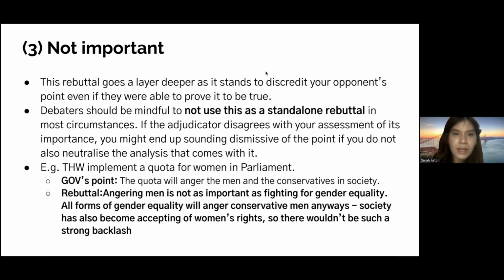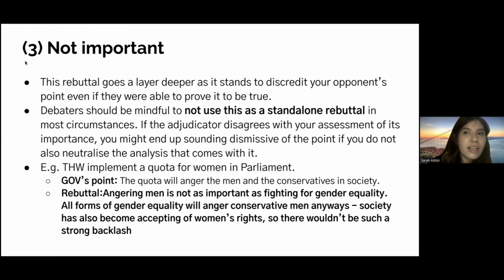Now, let's talk about the third way in terms of responding, which is to prove why it's just not important. So this rebuttal goes a layer deeper. The reason being is because it will be able to discredit your opponent's point, even if they were able to prove it to be true, okay? And I think this one is very, very popular, used by debaters, especially in top rooms, because think about it, right?